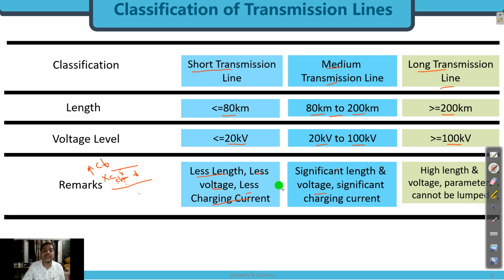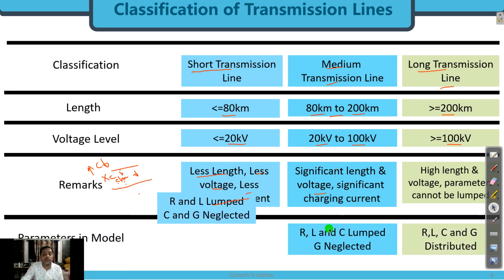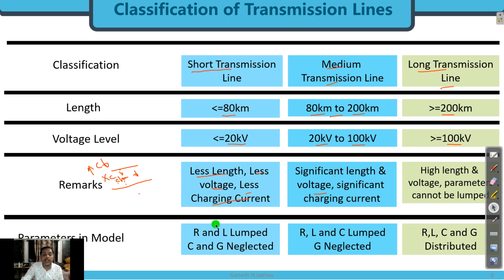In the first two cases, for analysis purposes we can lump the parameters. But in the long transmission line, we cannot lump the parameters because the length and the voltage level are both high. So for modeling purposes, in the short transmission line, R and L are lumped, and C and G are neglected because the charging current is less, so the effect of the capacitance and the conductance is neglected.